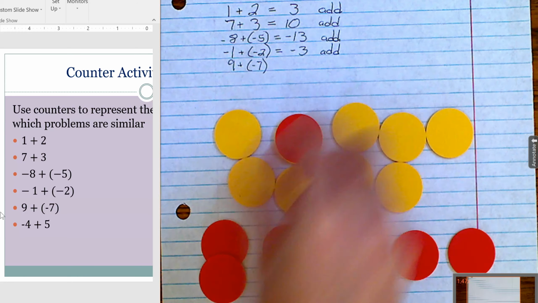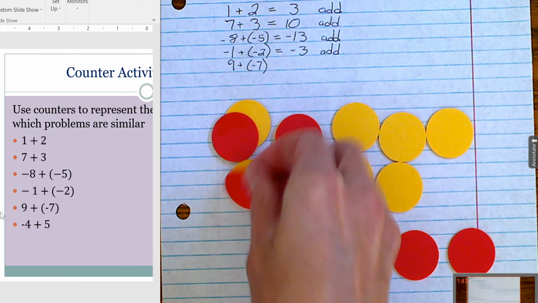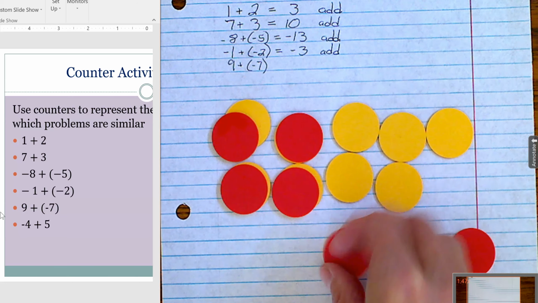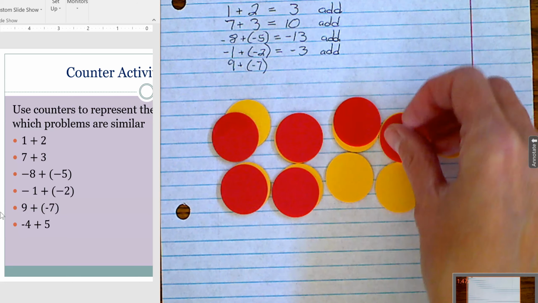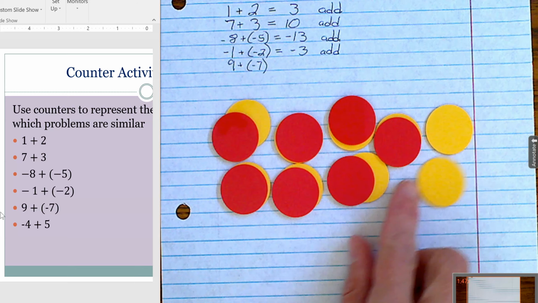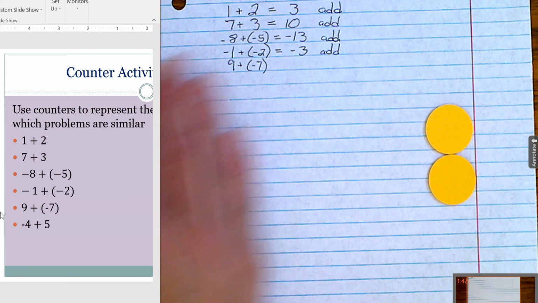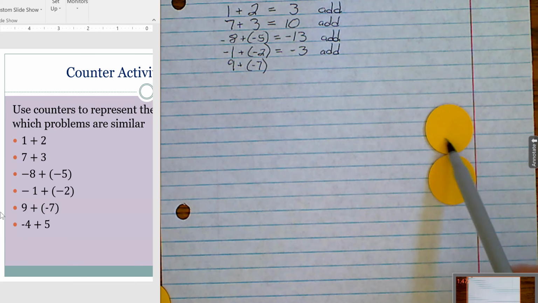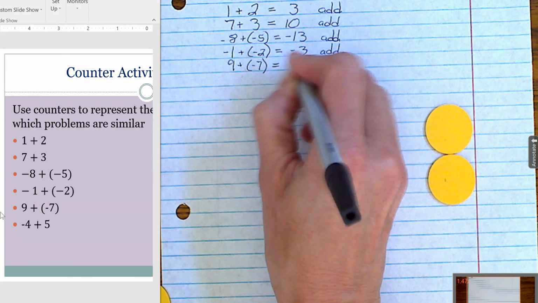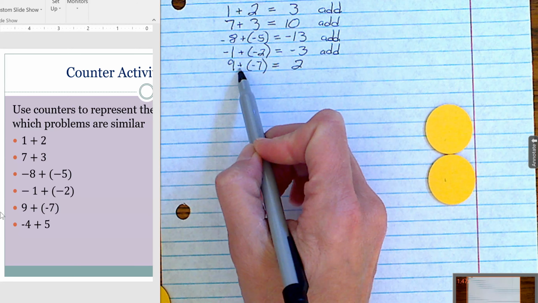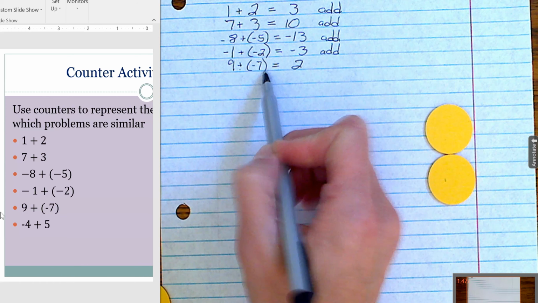I can zero out 7 of these though, as there were 7 negatives. I can zero out 7 of them, and it leaves me with 2 positives. So while the problem says addition, I actually subtracted the values.